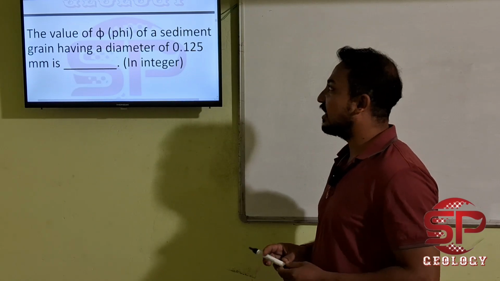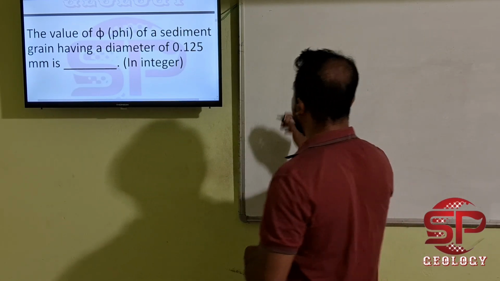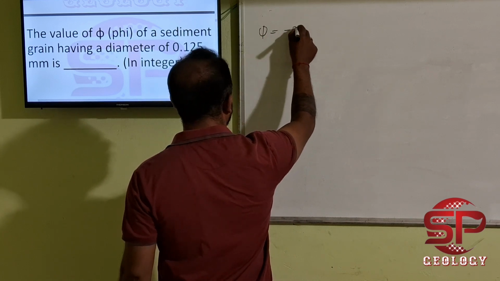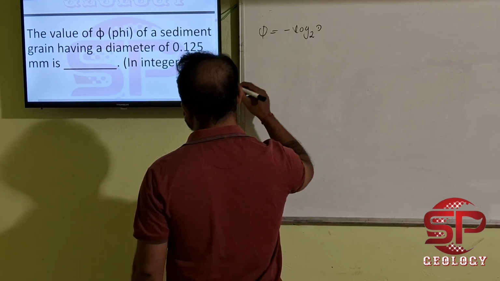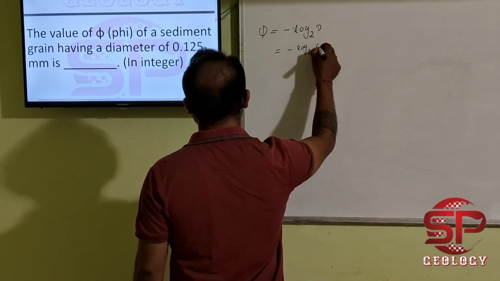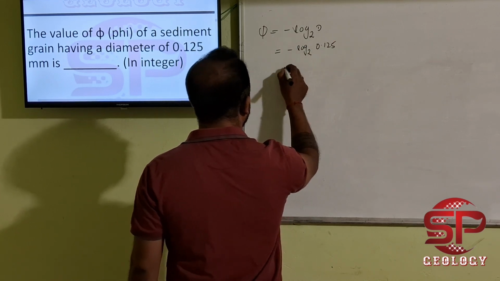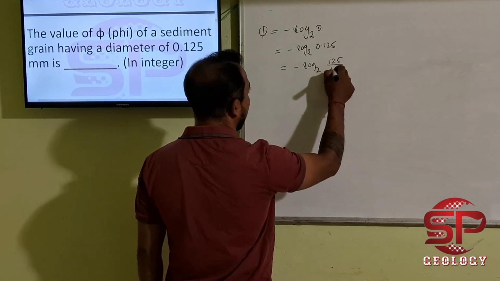Next, the value of phi of a sediment grain having diameter 0.125 mm. So phi is minus log 2 d. d is given 0.125. In a simpler way, you can do 125 by 1000.